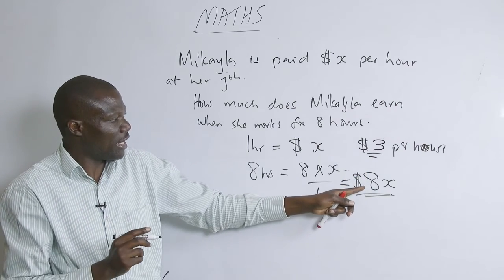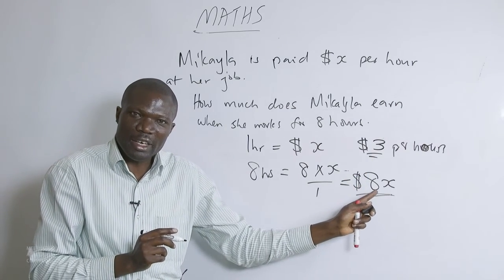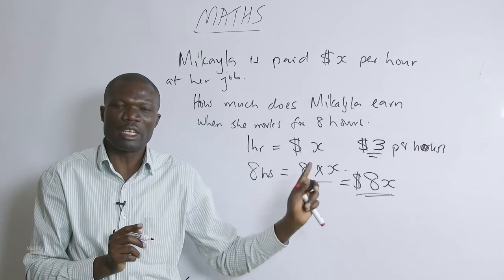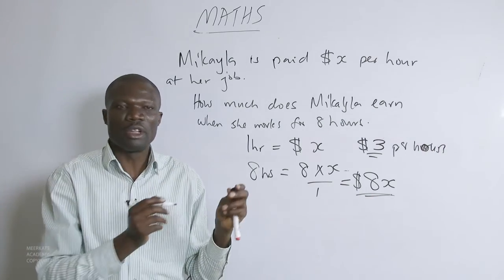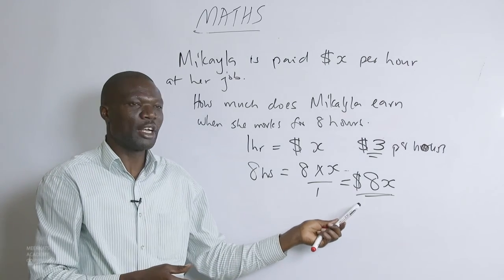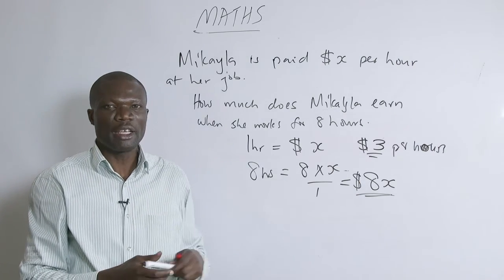So we shall not say she earns 8x. Instead, we shall substitute x with the rate that we have been given, 3 per hour, and find that finally she'll earn 8 multiplied by 3.